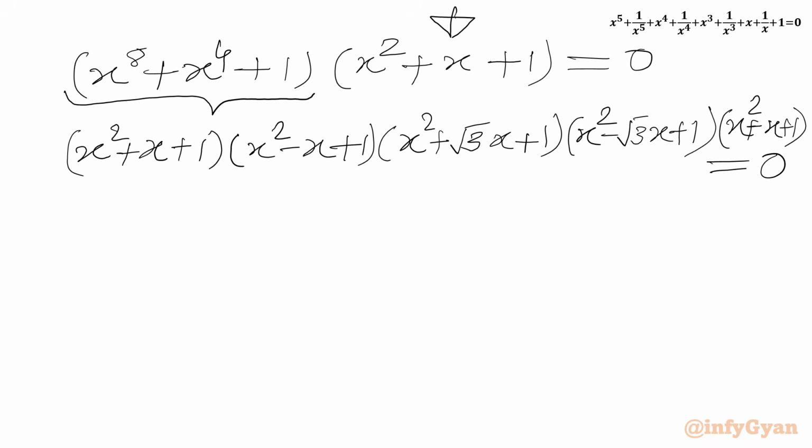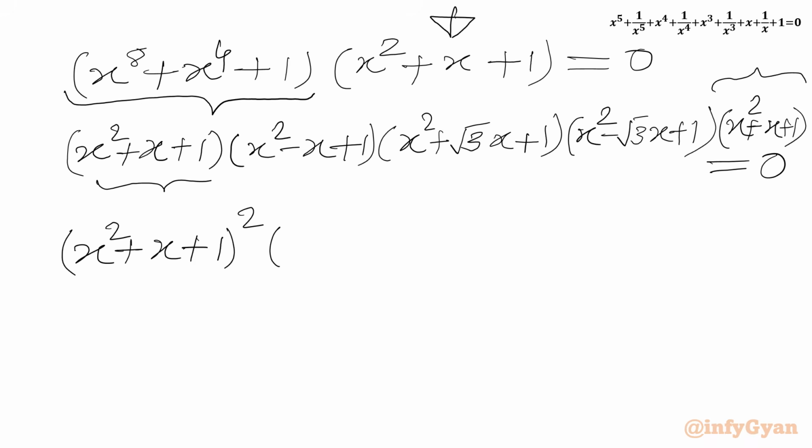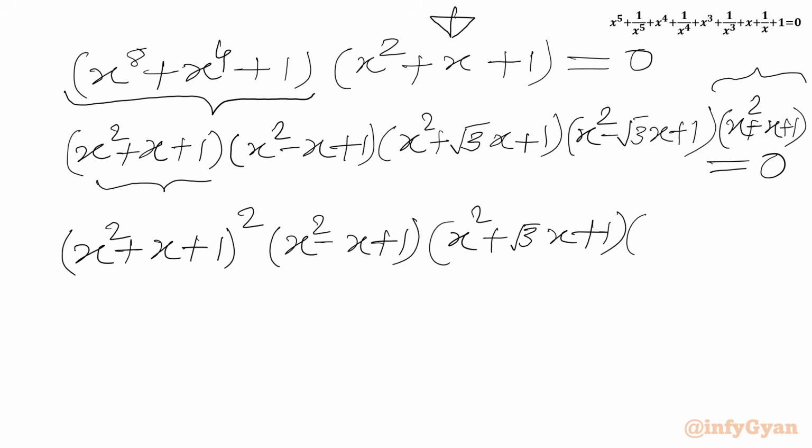equal to 0. Now we can consider x square plus x plus 1, x square plus x plus 1. So we'll write x square plus x plus 1 whole square, and then we'll be writing x square minus x plus 1 times x square plus root 3x plus 1 times x square minus root 3x plus 1 equal to 0.